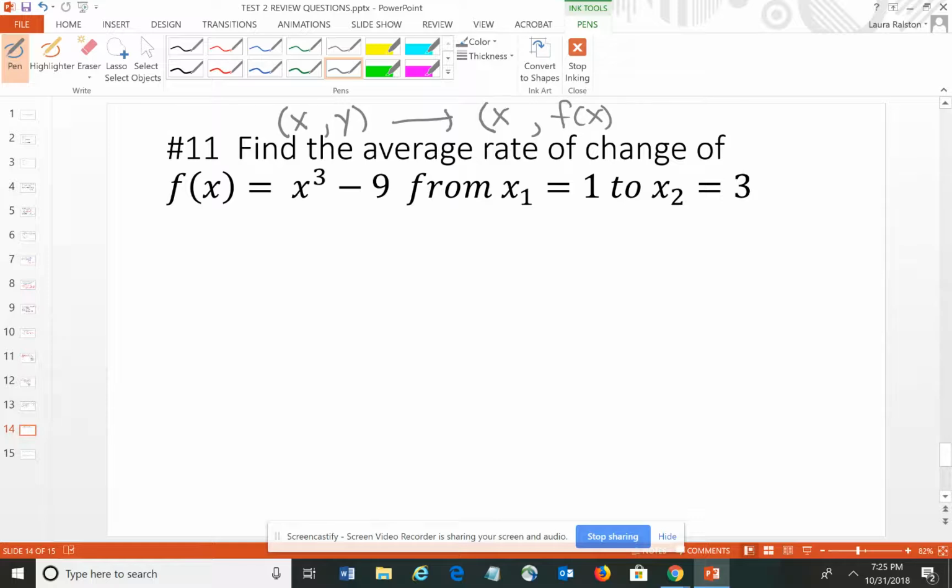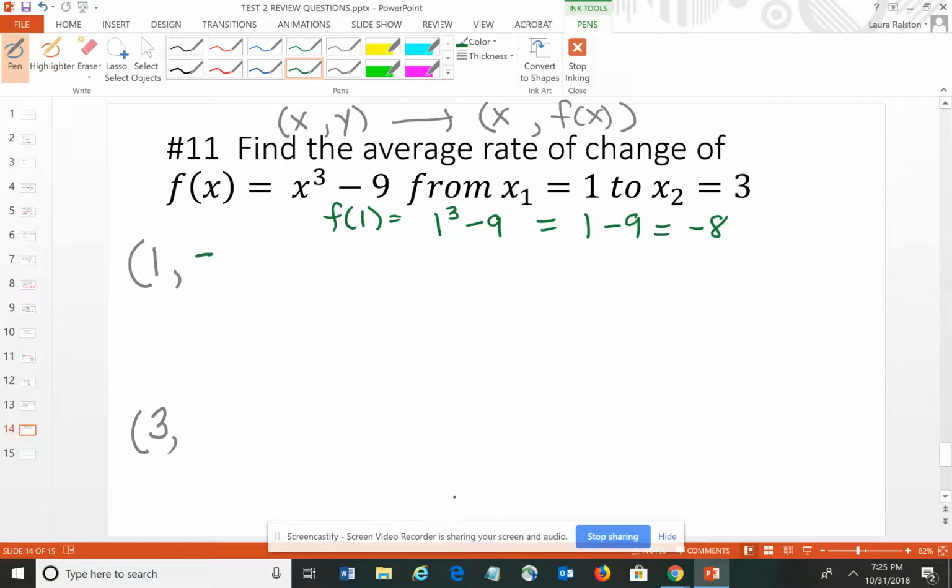So the first thing I need to do is basically figure out what my ordered pairs are. Well, they tell me that one of the x's is 1 and the other x is 3. So to find its partner, we have to substitute that value into the function. So the first thing I'm going to do is f at 1, which is 1 cubed minus 9. That's 1 minus 9, or negative 8.